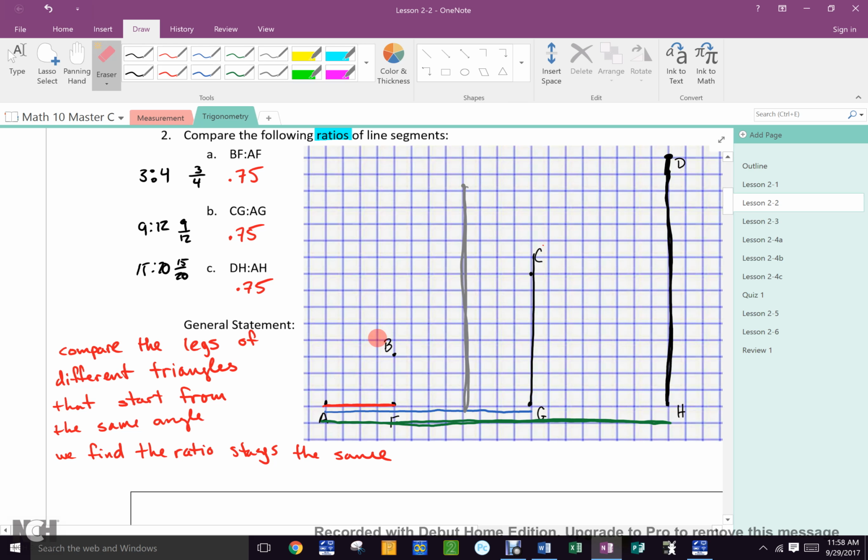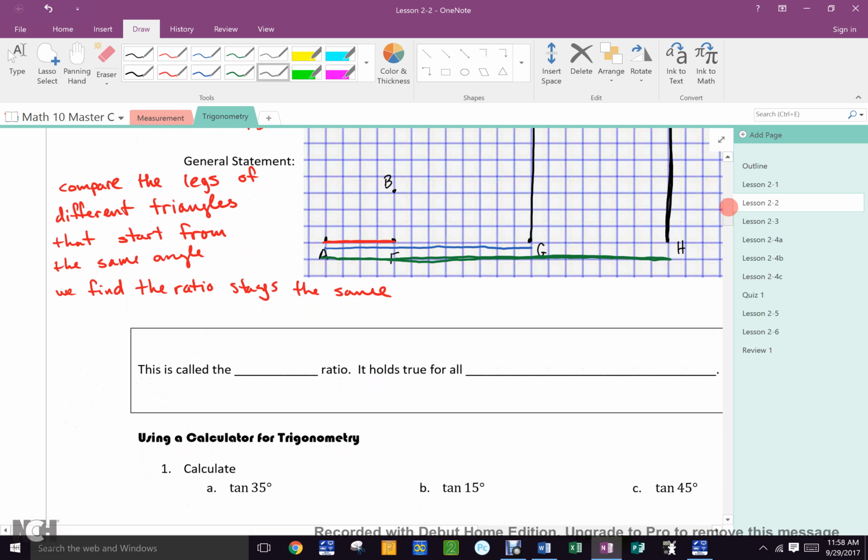All right. So now we're going to do some work with that new piece of knowledge. This is called, and my computer has frozen yet again, it's called the tangent ratio. And it is one of the most powerful pieces of math that we have because it allows us to draw pictures this big and build buildings this big.